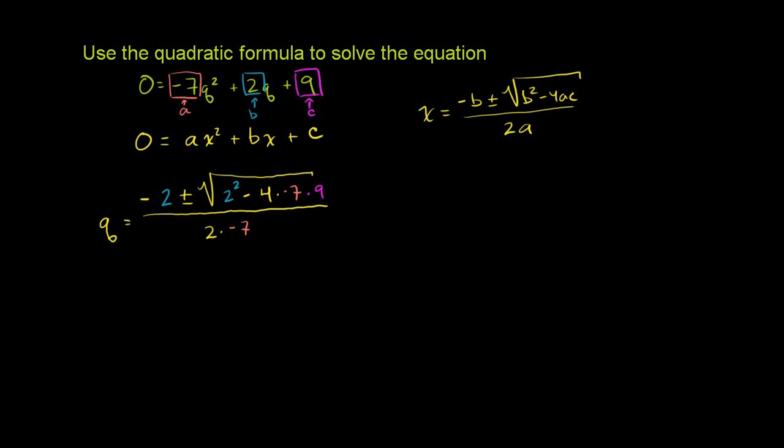So this is going to be equal to negative 2 plus or minus the square root of, 2 squared is 4.